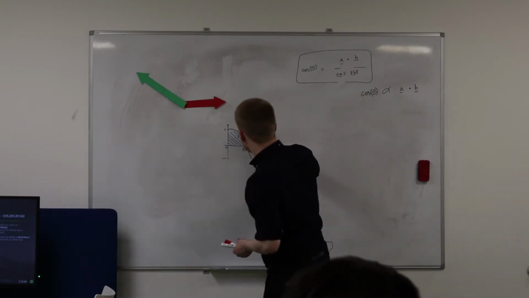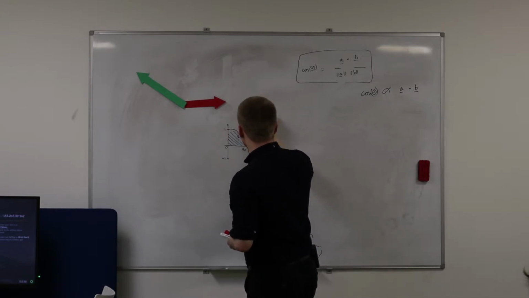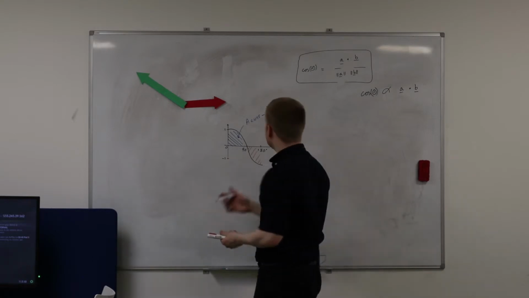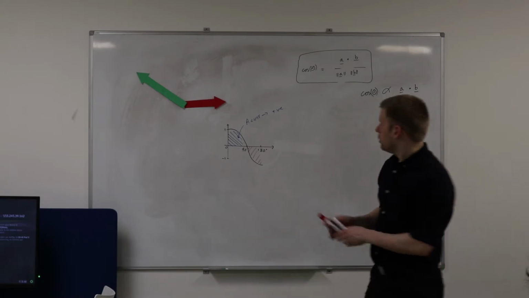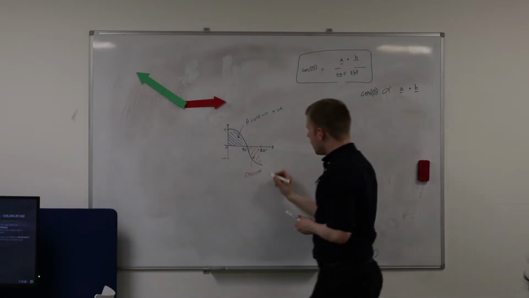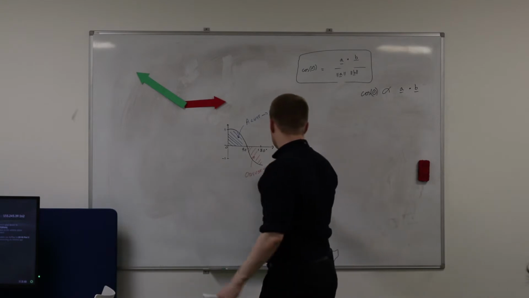Are you happy with that? So angles smaller than 90, in other words, acute angles, should correspond to a positive value of cos theta. Whereas if I look down here, these are obtuse angles, so angles between 90 and 180, and that should correspond to a negative value of cos theta.